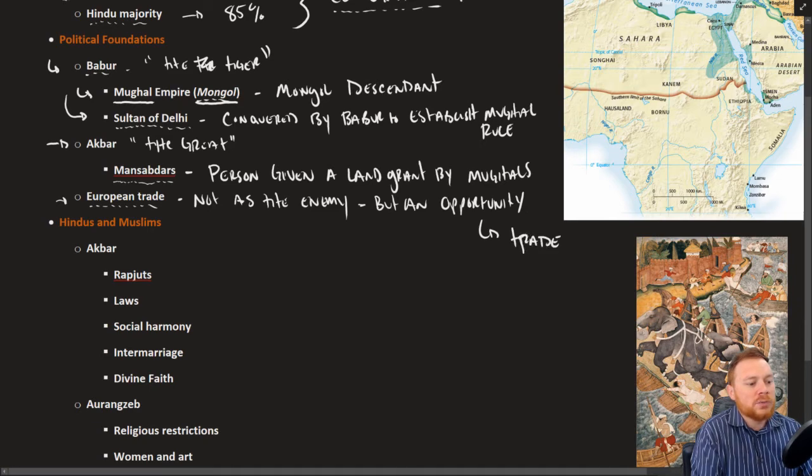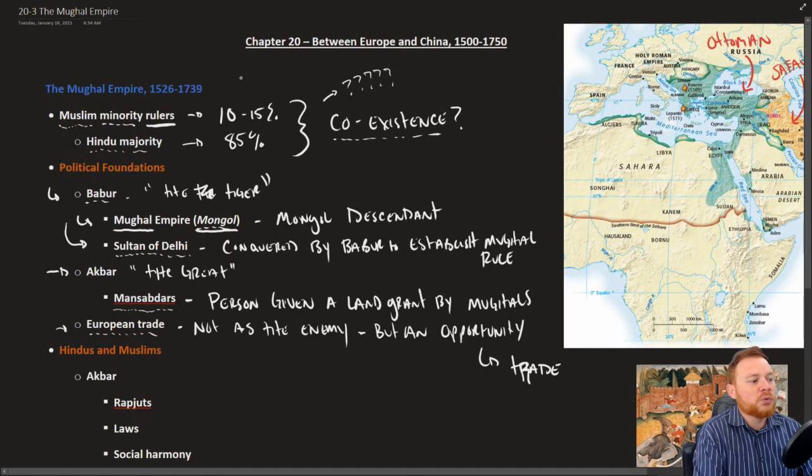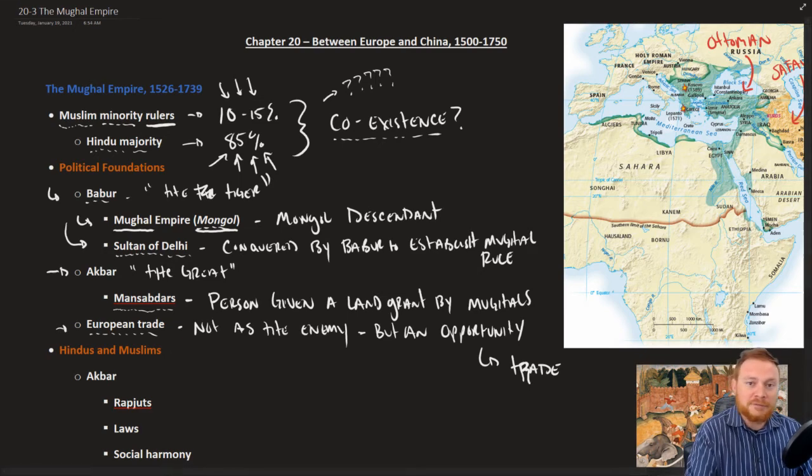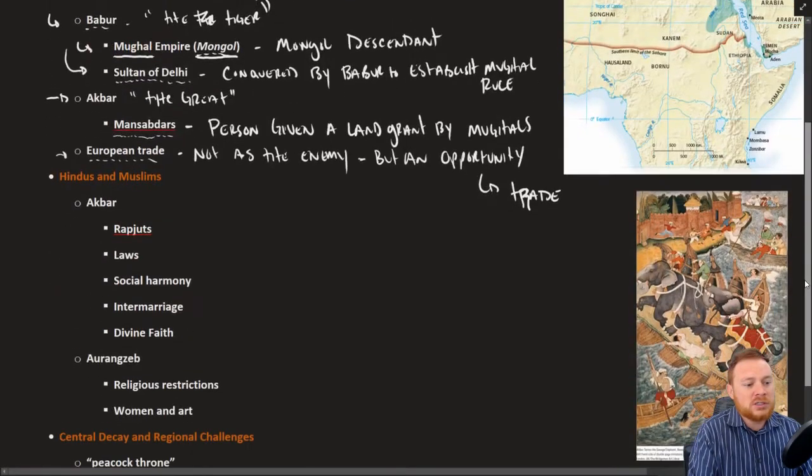One trade good in particular was guns, and at certain points during the Mughal rule, one way that the 10 or 15% of the population controlled the other 85% was through putting down rebellions. And so European weaponry could really serve the Mughal ruling class well if there were Hindu rebellions that broke out throughout the continent or subcontinent.